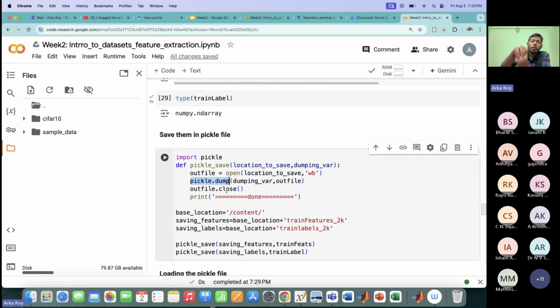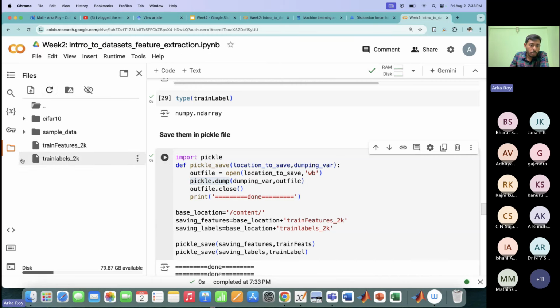So this is the process: you first declare a container, you dump the data, and you close the container, and then you get the file. If I just run it and refresh over here, you can see that the files have been stored and you can see the size as well. If I hover around, the size is 62.65K.